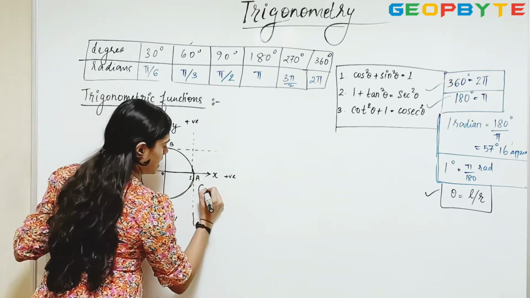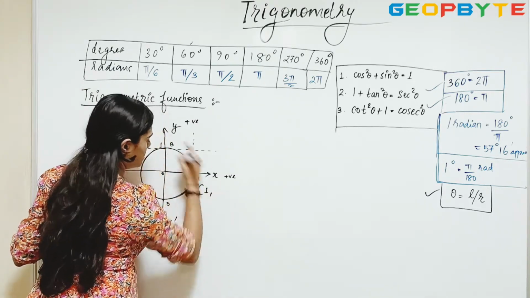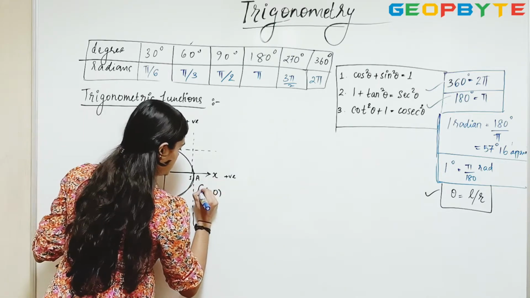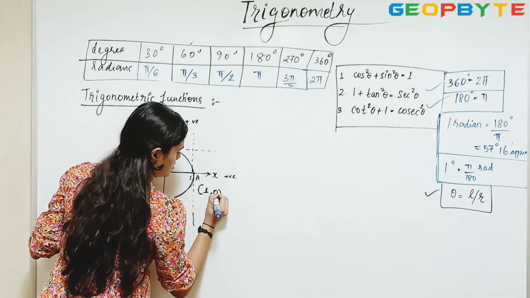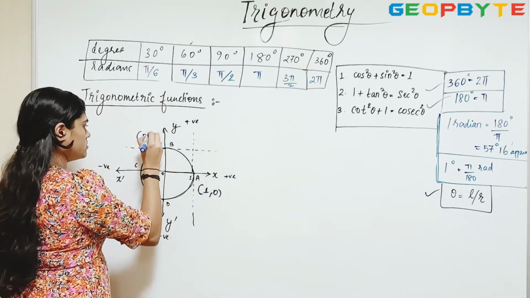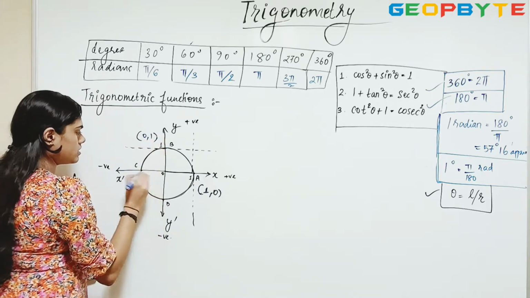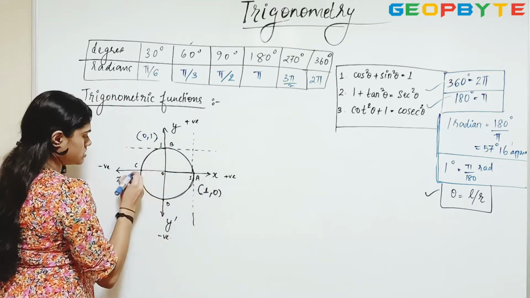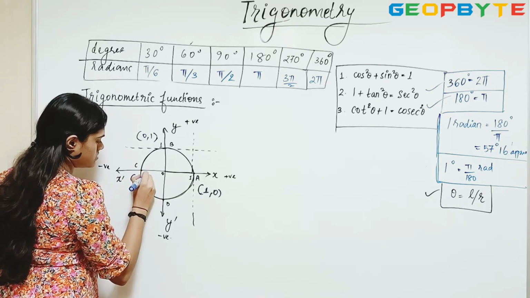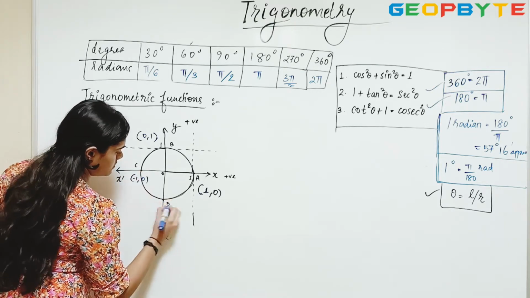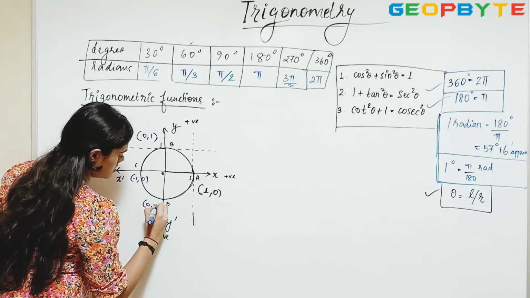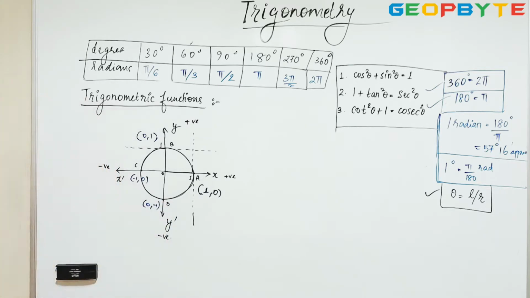It will be x is 1 and y is 0. I'll put it in this color so that it will be easy for you guys. So what will be the coordinate of B? It will be 0, 1. For C, it is in the minus direction, so it will be minus 1, 0. Here, for D, it is 0 and minus 1.